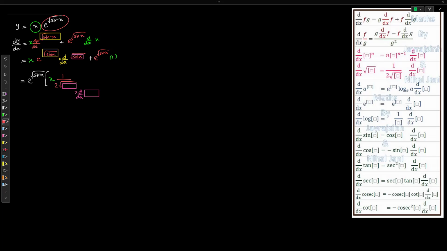Now what do we have within the box? We have sin x. So let's multiply the differentiation of sin x, which is cos x. Plus, in the second term only 1 is left. So ta-da! We can consider this as the final answer.